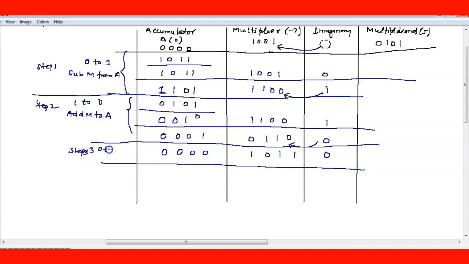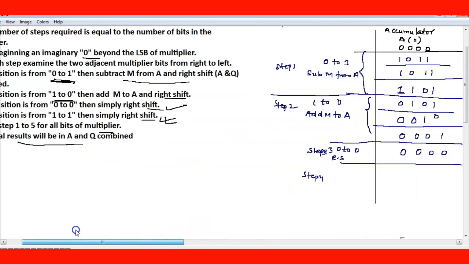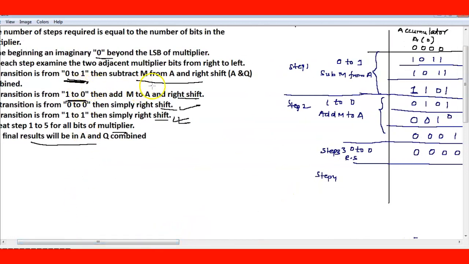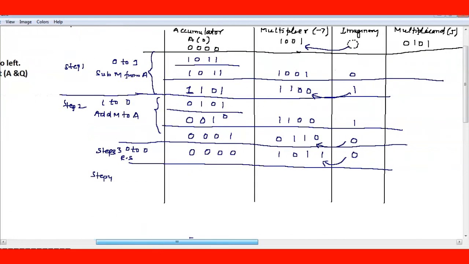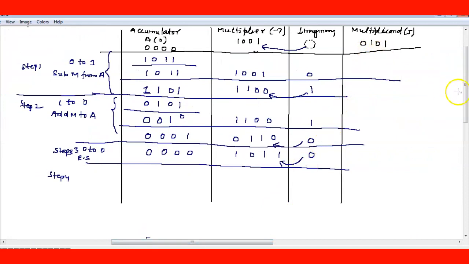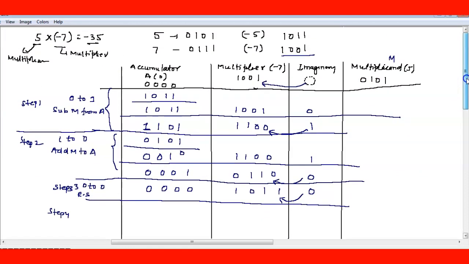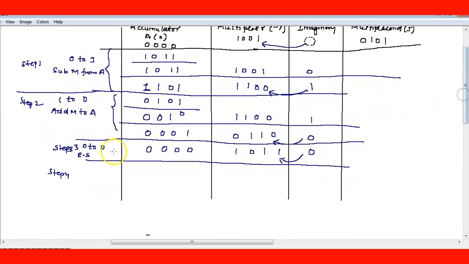Here 0 to 0, so just a right shift. Now in the last step, step 4, you can check this is 0 to 1, and whenever a 0 to 1 transition is there, we have to subtract M from A, which means we find the second complement. The second complement of 5 we already have: 1 0 1 1. We have to add it.